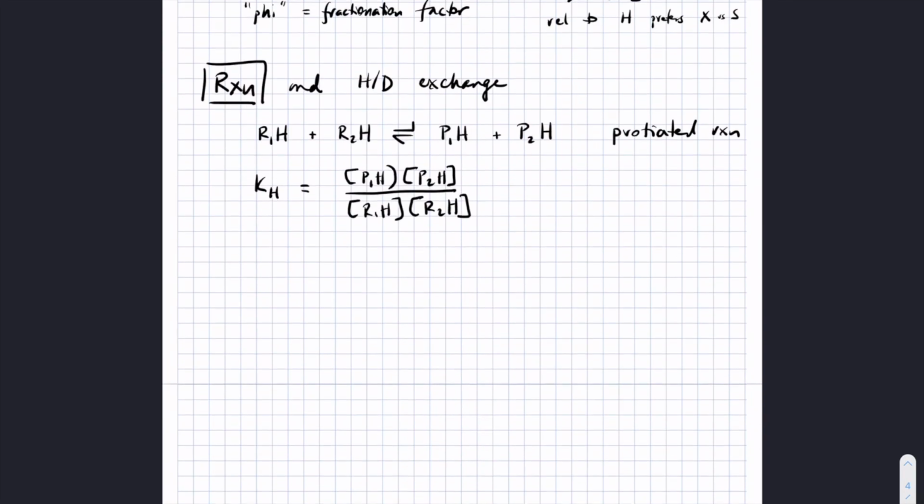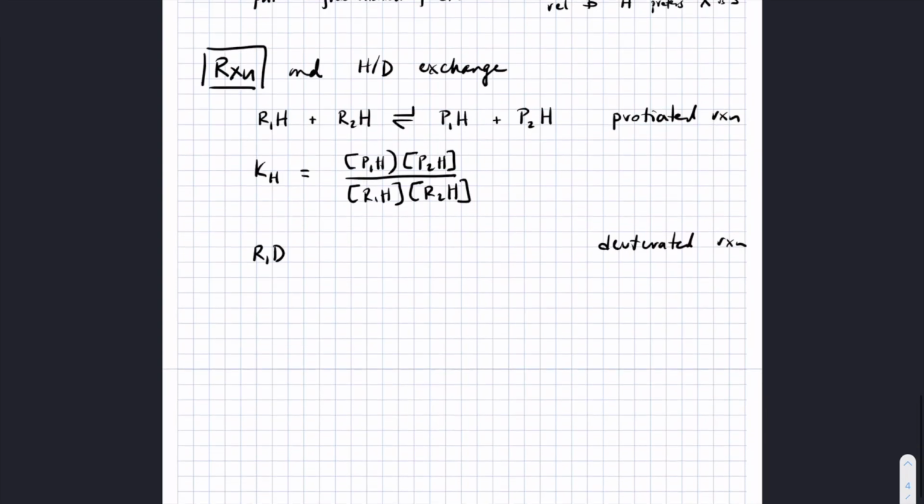And we could write a similar set of expressions for the deuterated reaction, where we have R1, a site in molecule 1 attached to deuterium, and a site in molecule 2 attached to deuterium.